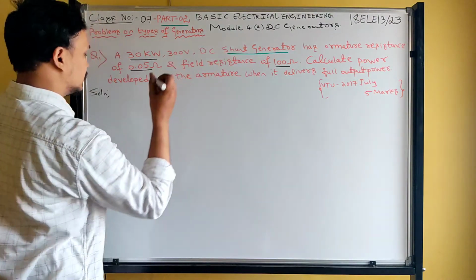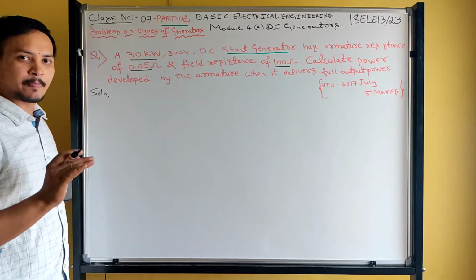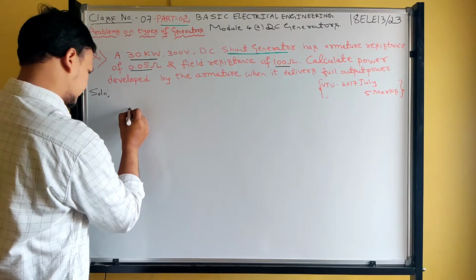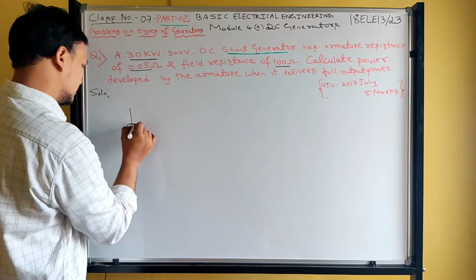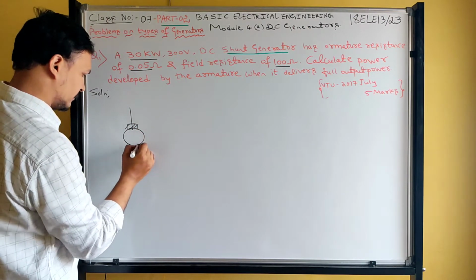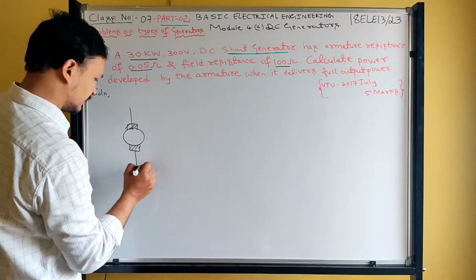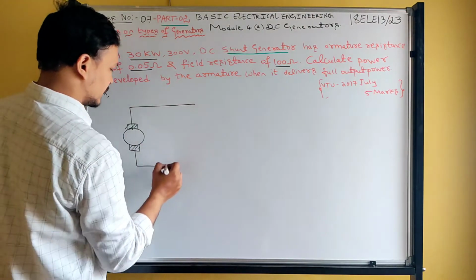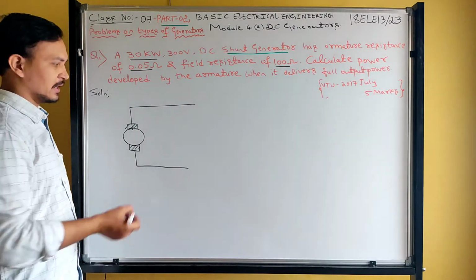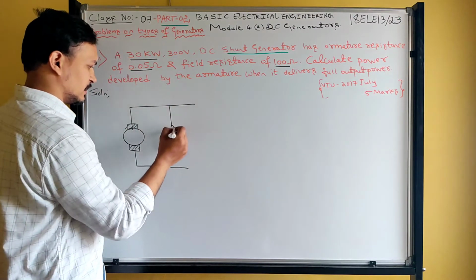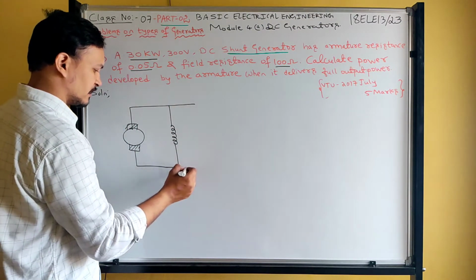First, you write the DC shunt generator diagram. I am writing that. What do I mean by a shunt generator? The shunt field winding connected across the armature is called a shunt generator.